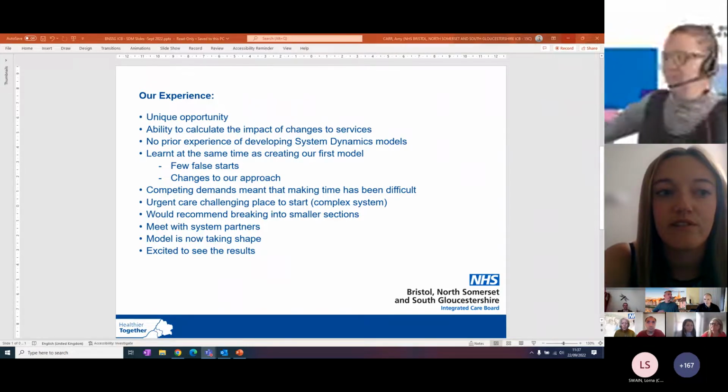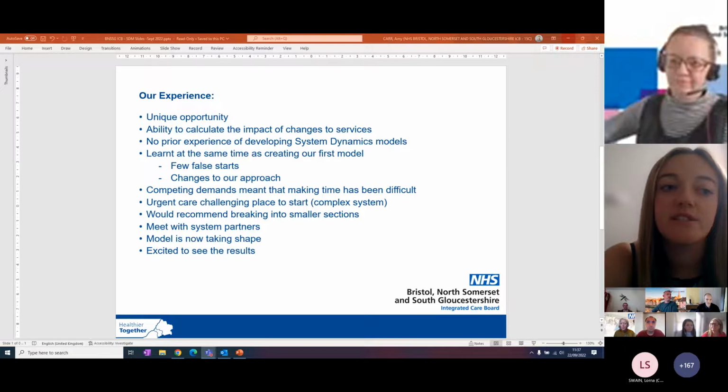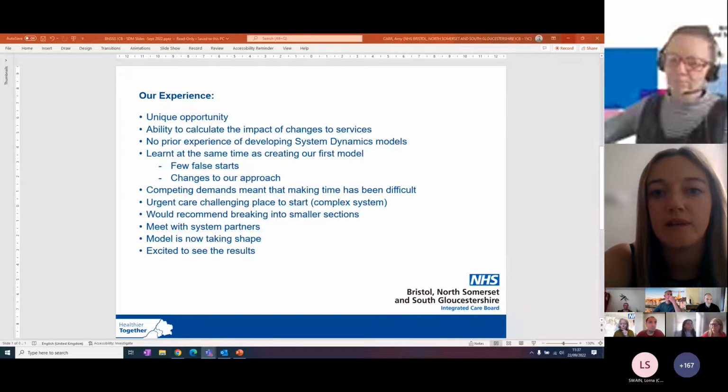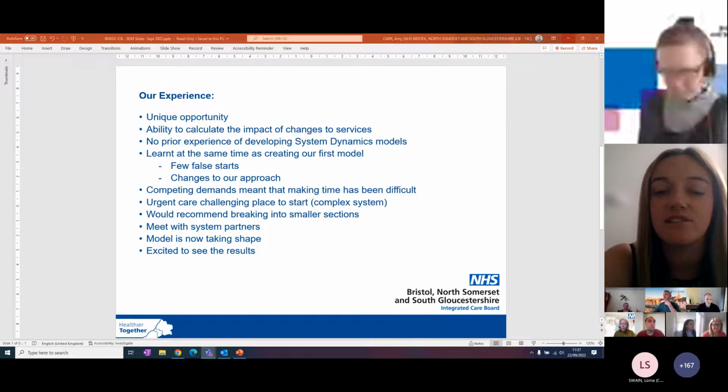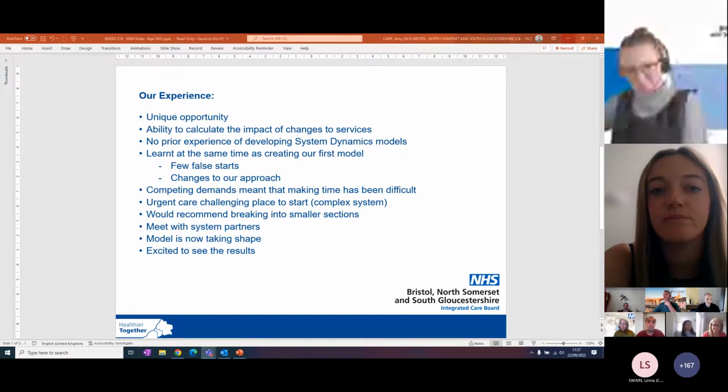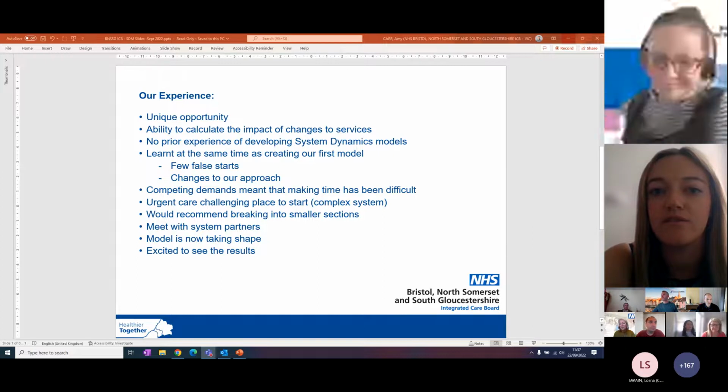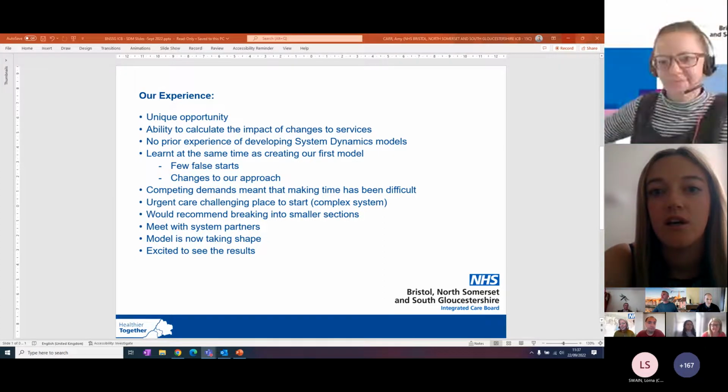One thing that I would say is that there's been a lot of competing demands that meant completing this work has been a bit difficult. Originally there was going to be a team of us analysts working on this, but it's mainly ended up just being me that's been involved in this work, and it's quite a big commitment.